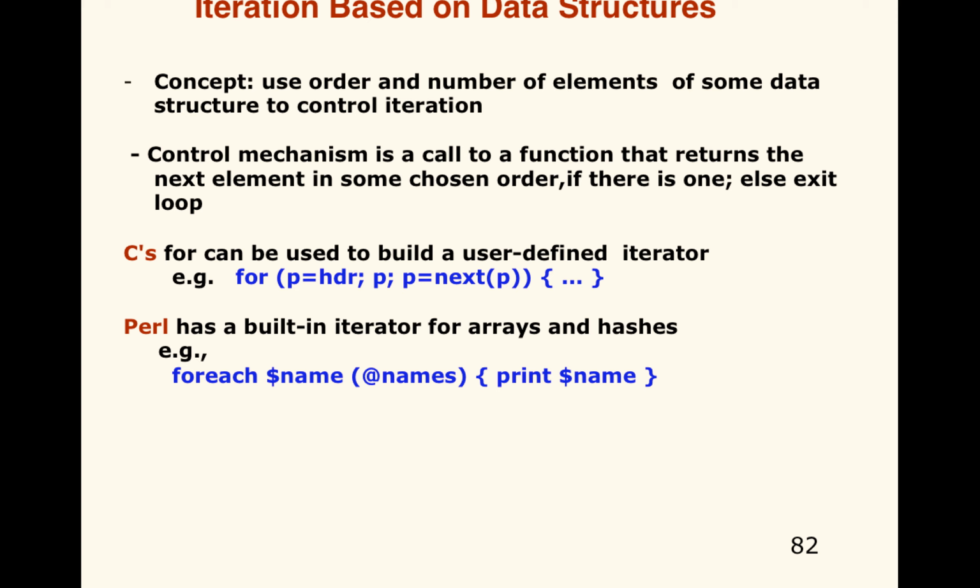A stack, the iteration is based on inserting and removing through commands called push and pop. The push and the pop, those are iterator-based mechanisms. An enqueue, a dequeue for a queue, an add to list, add to top, add to bottom. Those are iteration based on data structures.